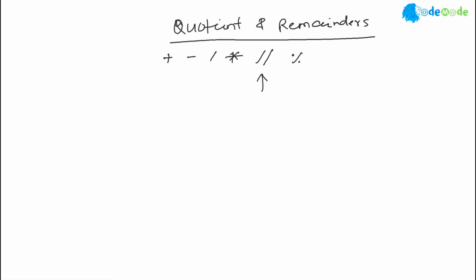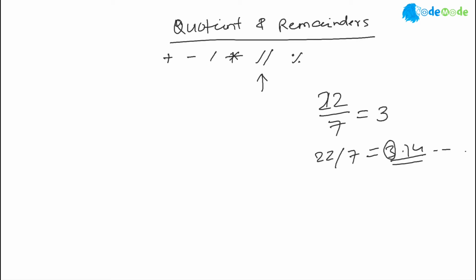Correct. Suppose you say 22 divided by 7. If you do 22 by 7, you will get 3.14 or something. But I'm interested in only this piece of the number. I don't want the result as 3.14. I want only 3. If you convert it to a mixed number, it's going to look like this. This is called the quotient and this is called the remainder.